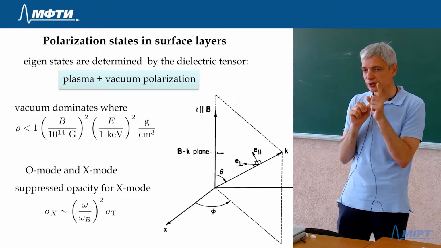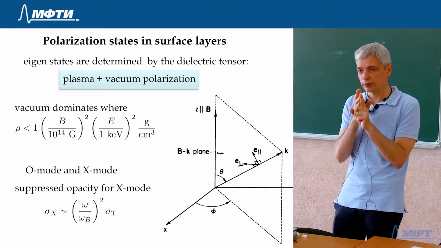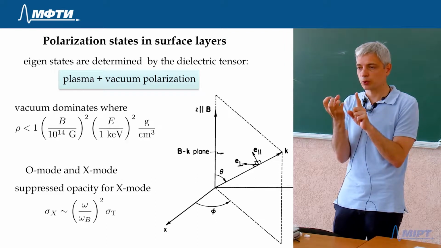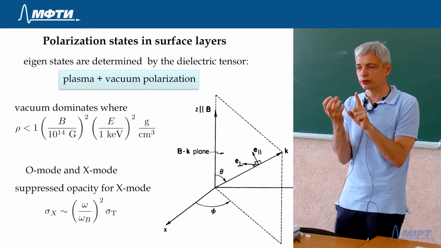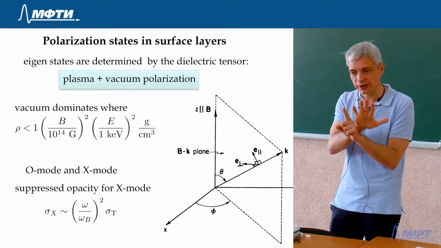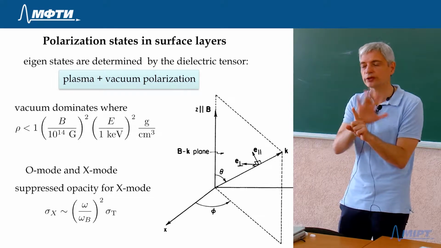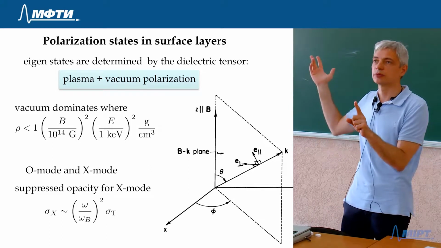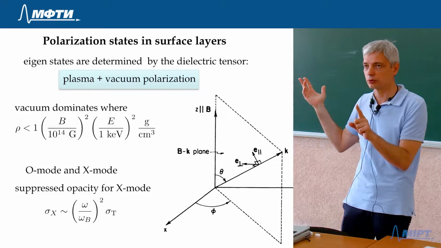Now there is a characteristic matter density above which the dispersive properties of the medium are determined by the plasma response rather than the vacuum polarization effect. And this characteristic density is comparable to 1 gram per cubic centimeter.